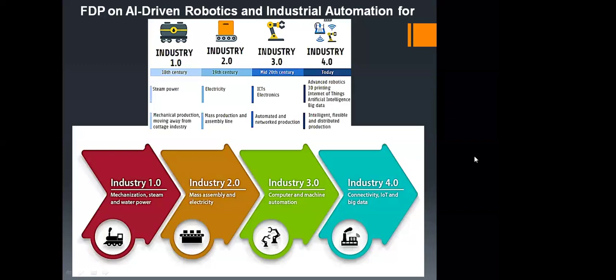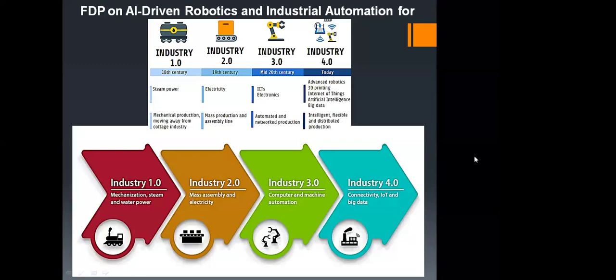In the 19th century came the advent of electricity, bringing the mass production system and assembly line. Then in the mid-20th century came Industry 3.0, where automated systems came into the picture.